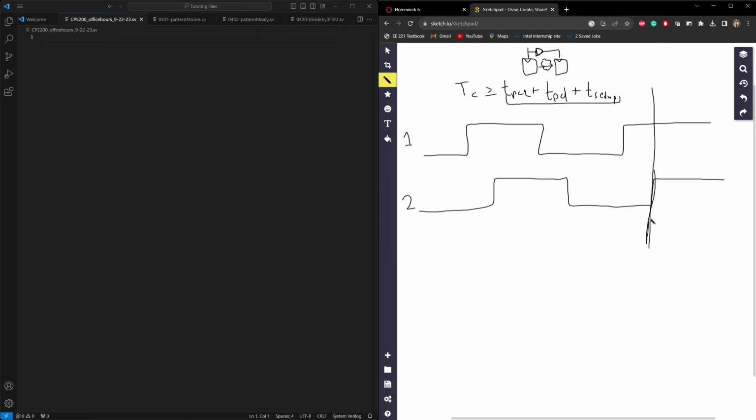So once the second register's clock edge hits, these delays need to have already passed, because if they've already passed, then that means the value on this wire is sitting there and stable. Sound good? Mm-hmm.